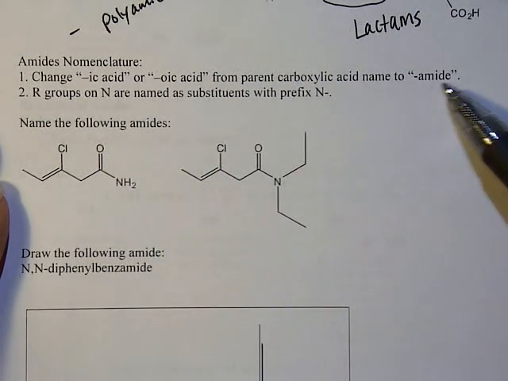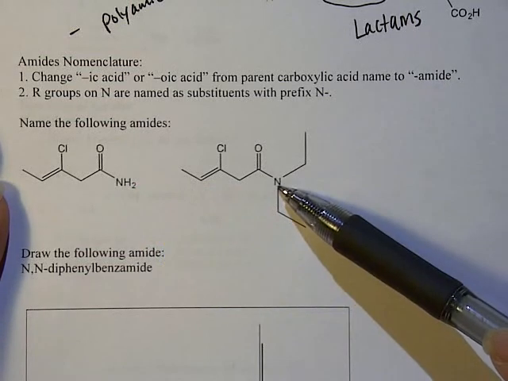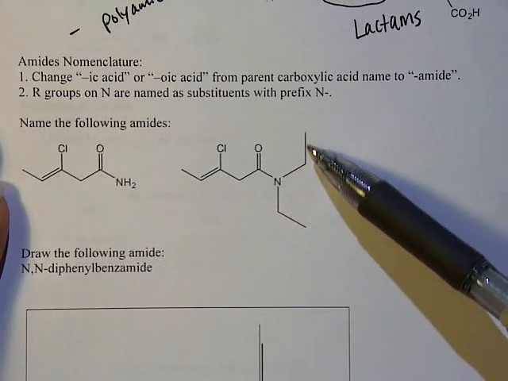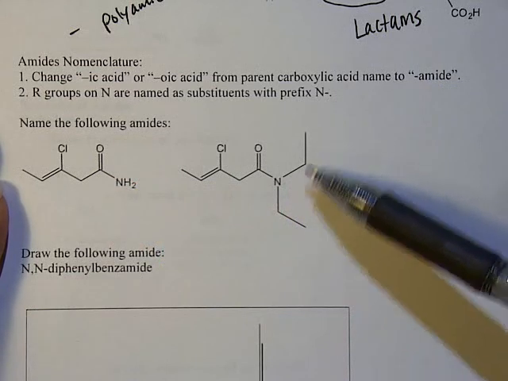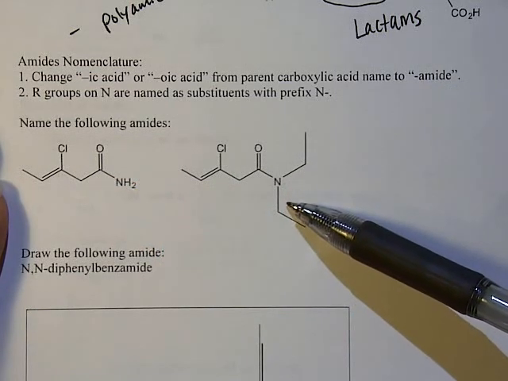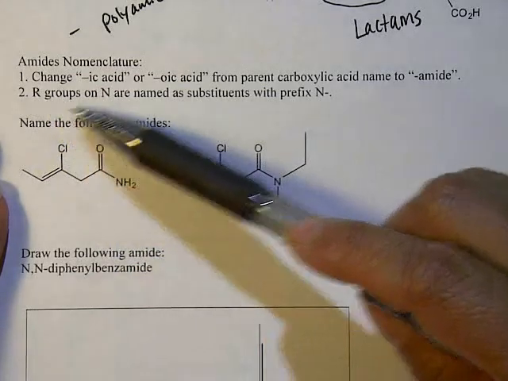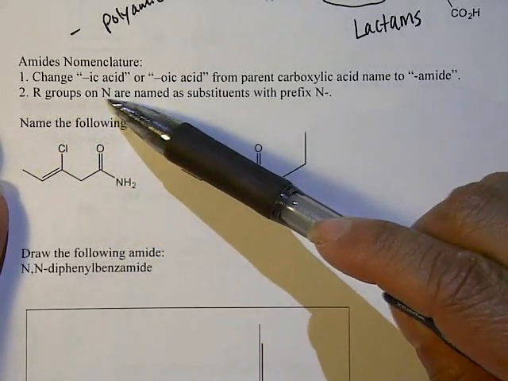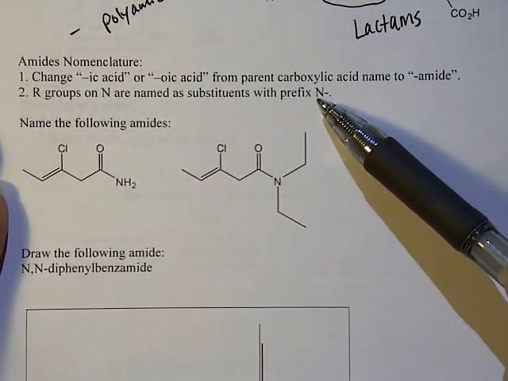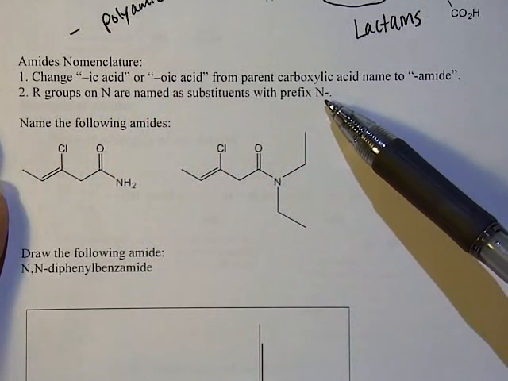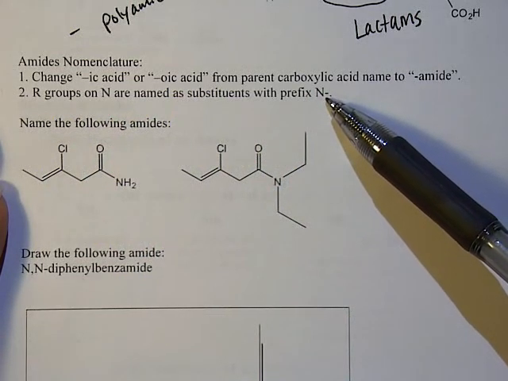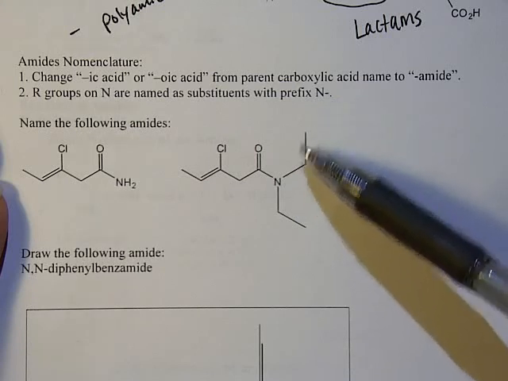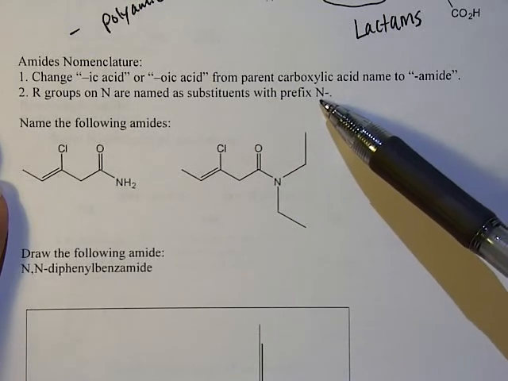Then you just name it as an amide and you're done. If on the nitrogen you have R groups, they could be the same or different, then you name each of the alkyl substituents on the nitrogen, and you use the capital N, not a small n, to indicate that the R group that you're naming is on the nitrogen.